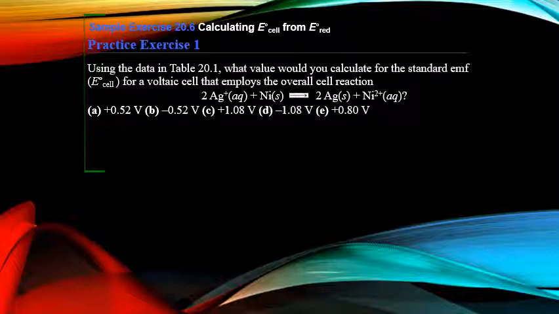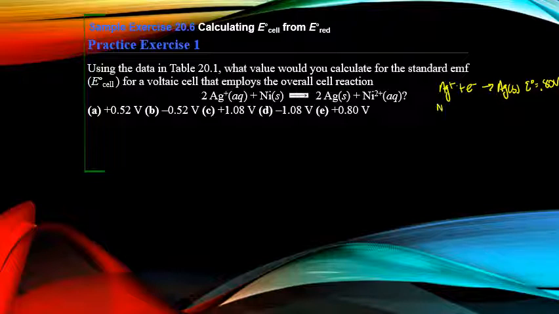So if we go back and look at the data from that data table for the particular half reactions, we have the Ag plus an electron forming Ag as a solid, and the electron potential is 0.80 volts for that reaction.